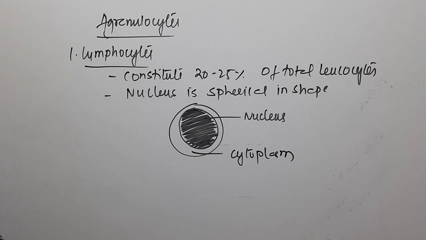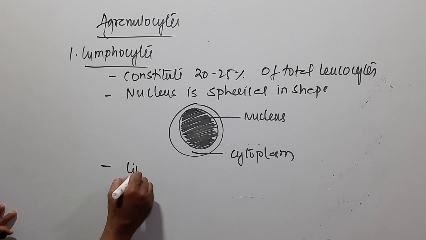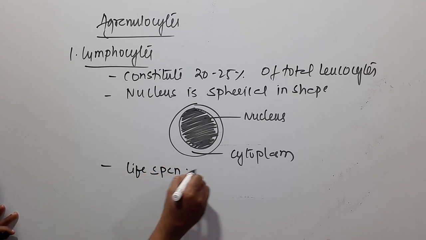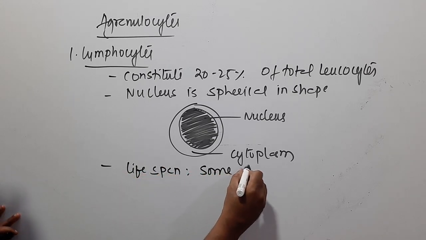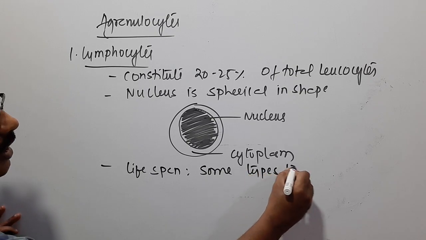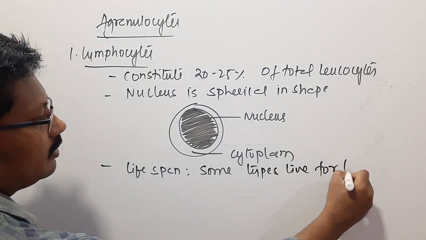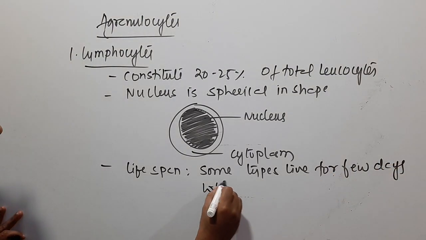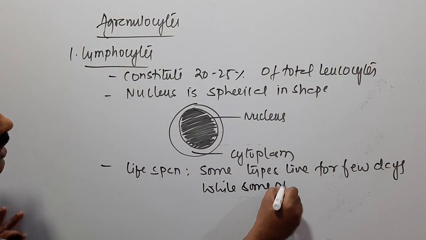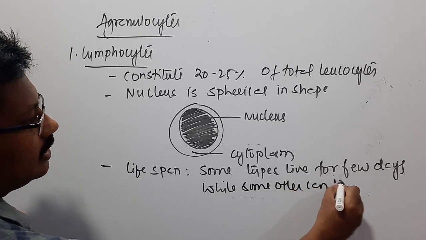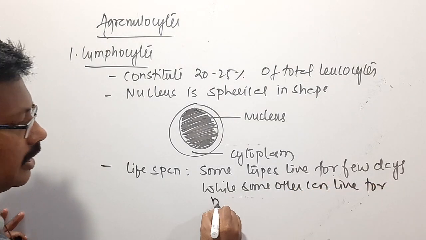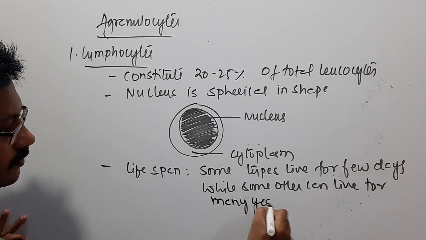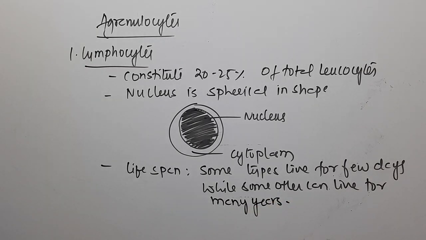The next one, the lifespan. Some types live for a few days, while some others can live for many years, or maybe throughout the life.